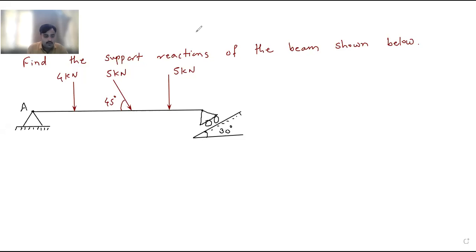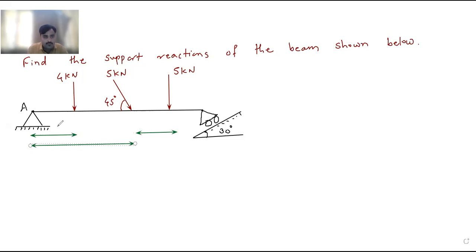And now we will write the distances. So the total span is 10 meter. So here I will write the distances. This much of distance is 2.5 meter. The distance between these two forces is 3 meter. And the distance from this point to this force is 5 meter.